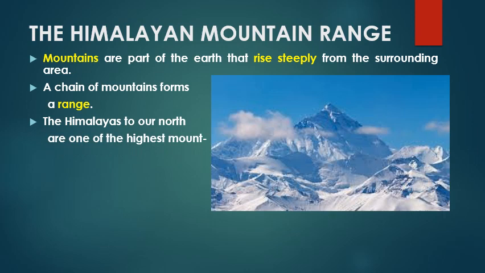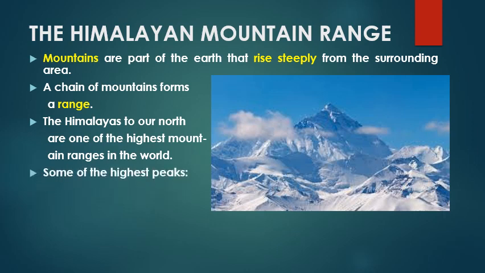The Himalayas to our north are one of the highest mountain ranges in the world. So these Himalayas are one of the highest mountain ranges in the entire world. And we have some of the highest peaks also in these Himalayas.